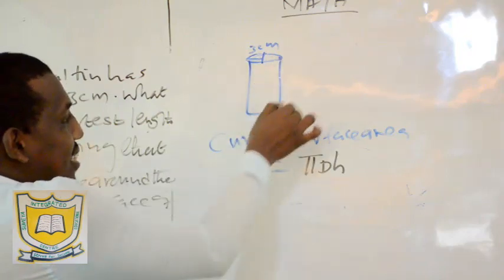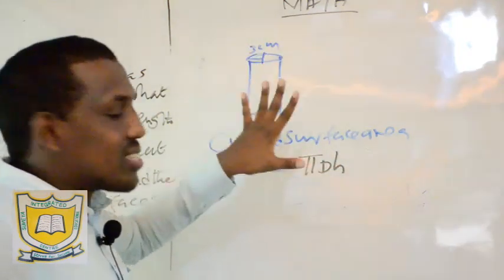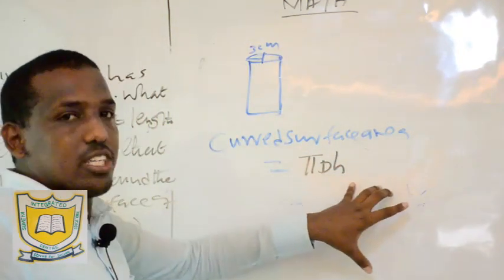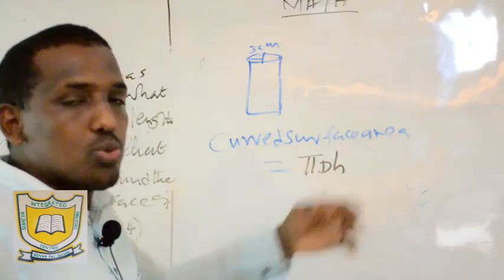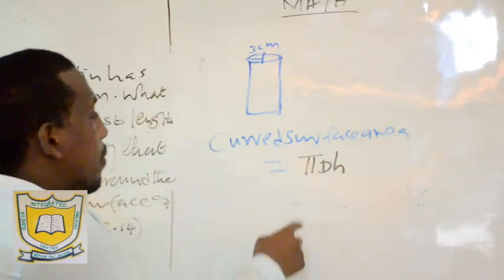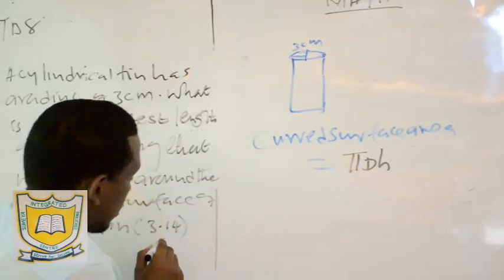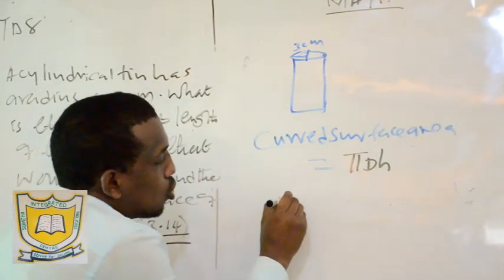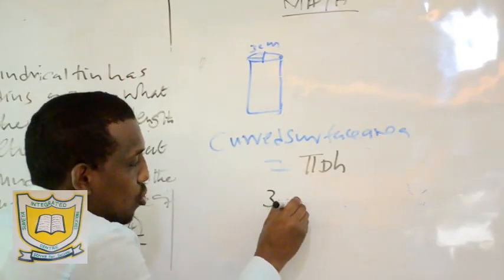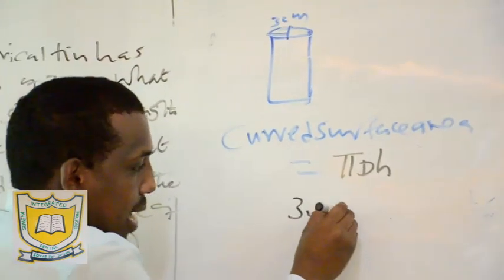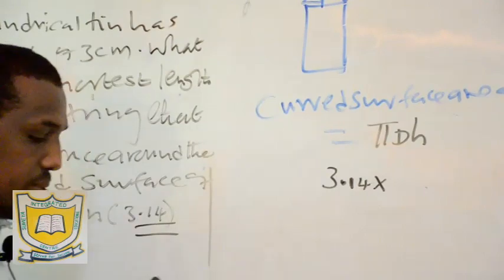It is pi d h, or you can say 2 pi r h. You are told to take pi as 3.14, so you follow the instruction. So 3.14 multiplied by d. D means diameter.